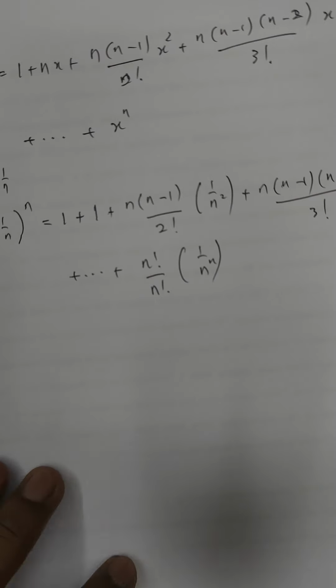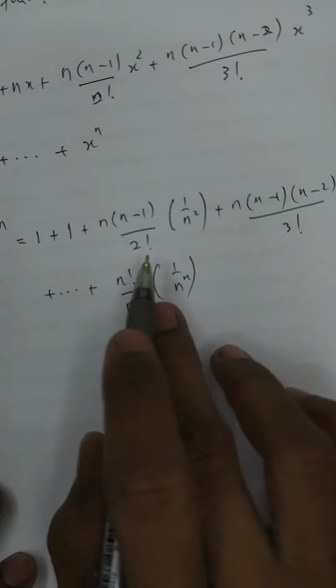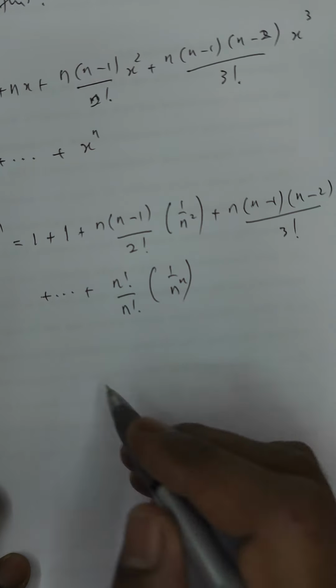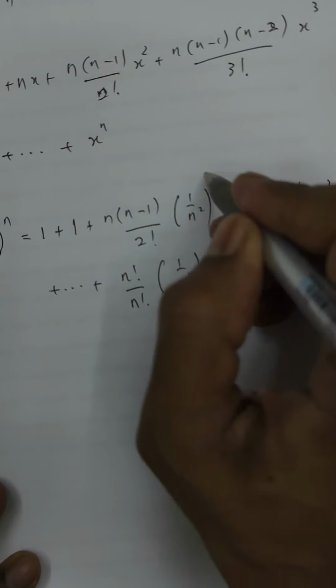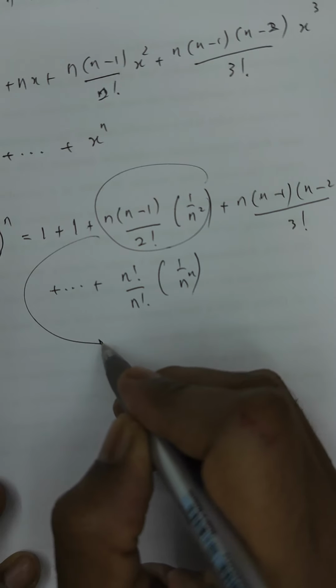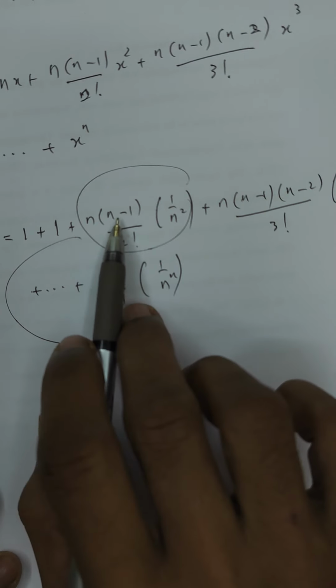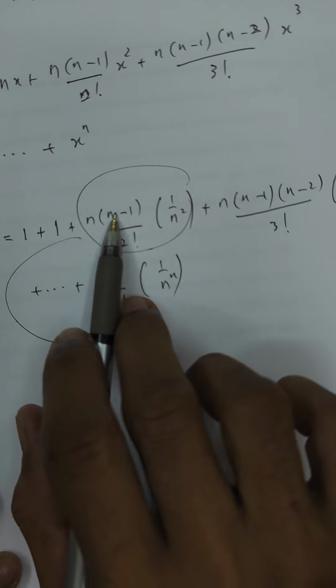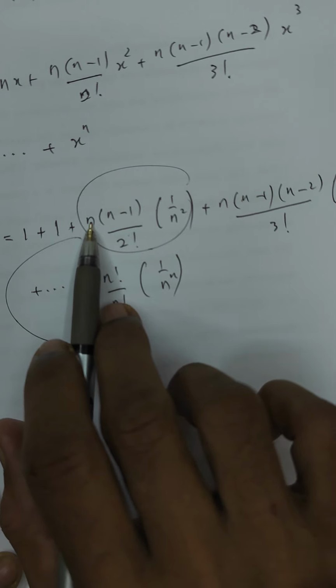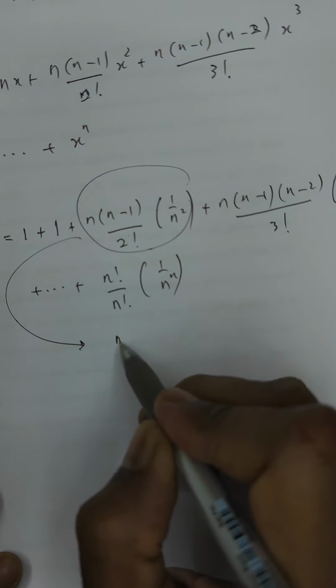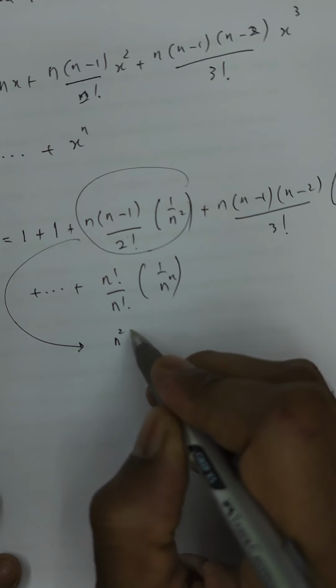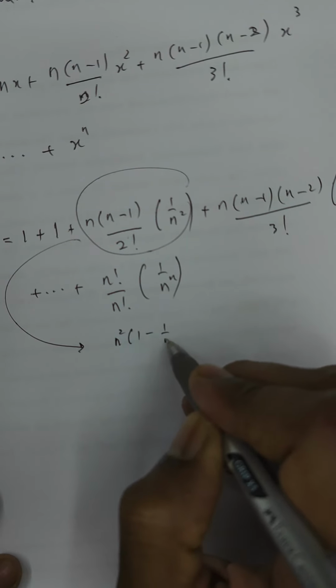Alright, so if you simplify this, let me write this part here. If you factor out n, taking out those n, we have n squared times (1 minus 1 over n), correct?